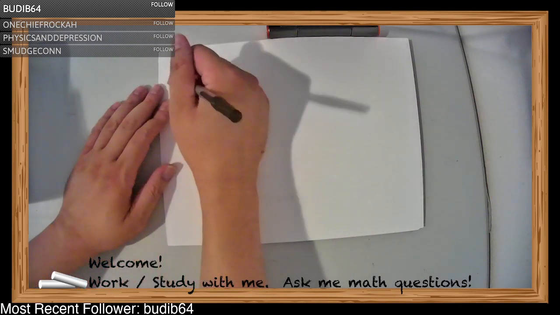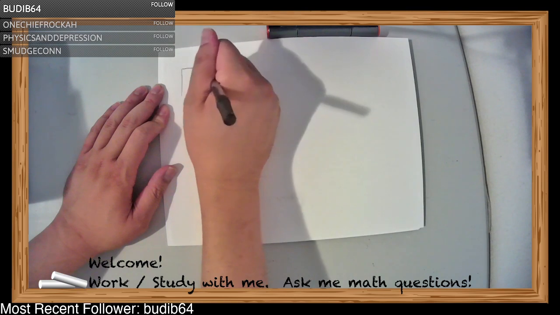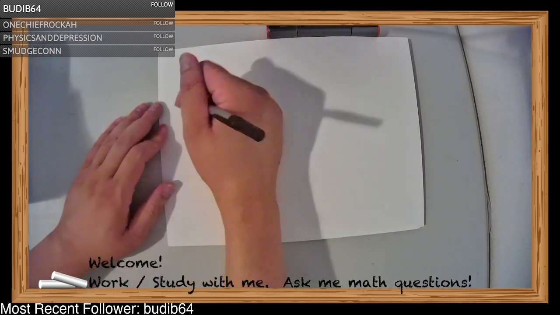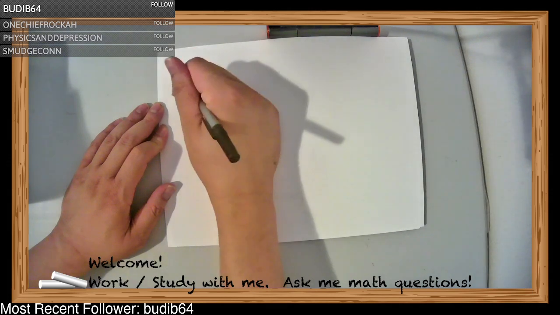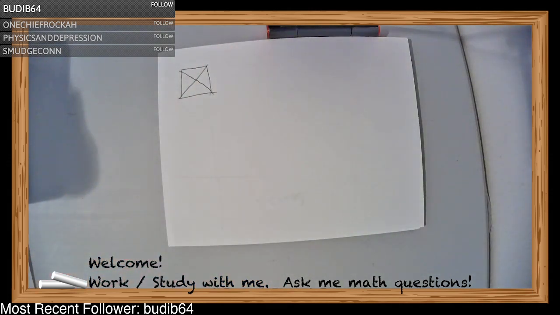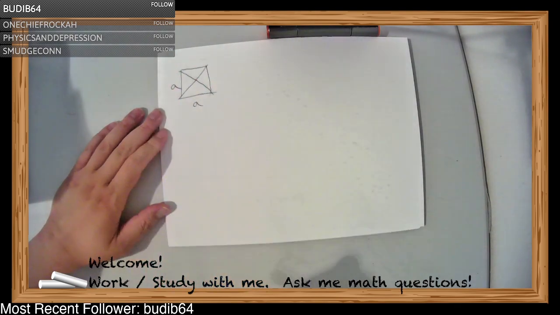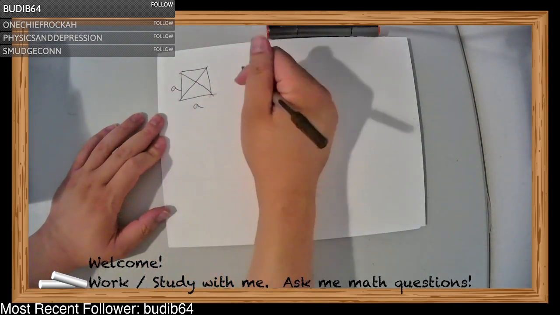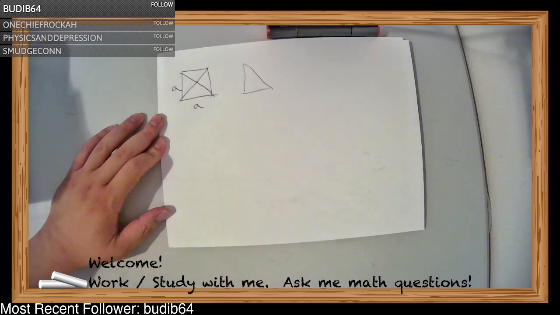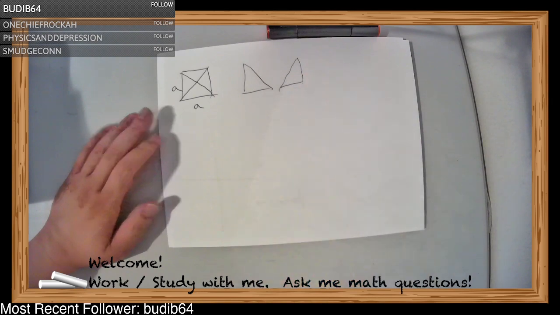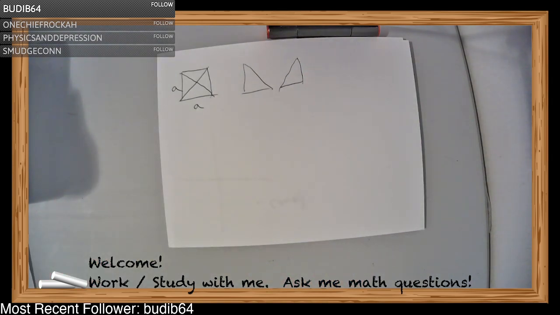Okay, so let's say you have a square, good old friend square, and one of the first things you want to prove is that the diagonals are the same length. Not too bad. One way to do this is to notice that one diagonal looks like the hypotenuse of this right triangle, and the other diagonal is the hypotenuse of that right triangle.